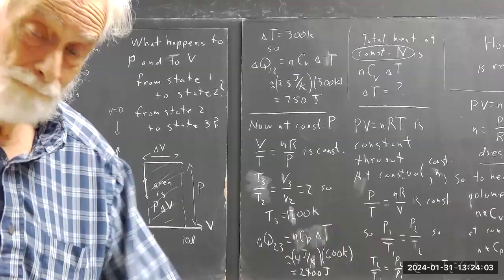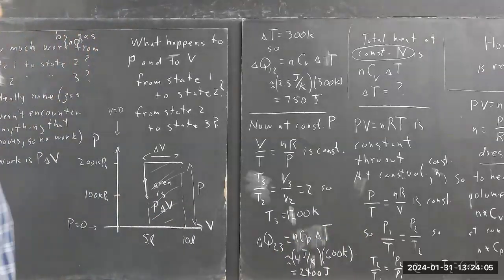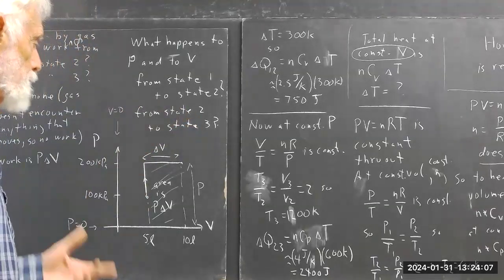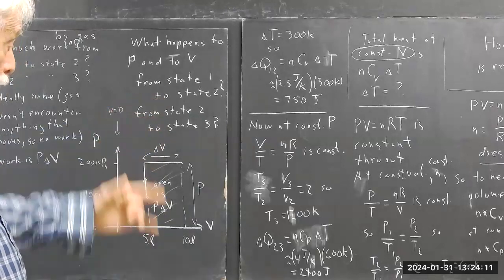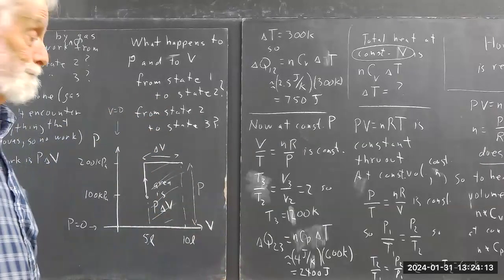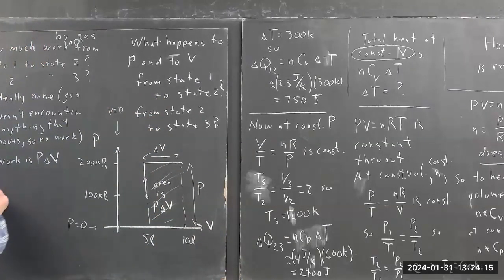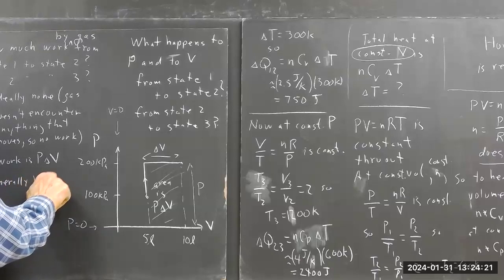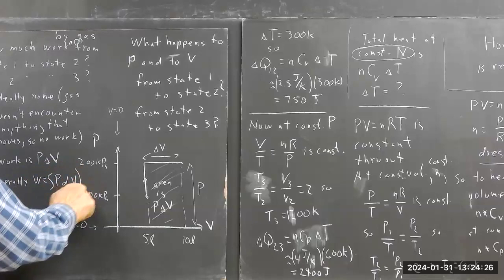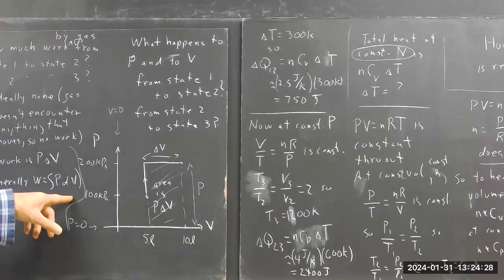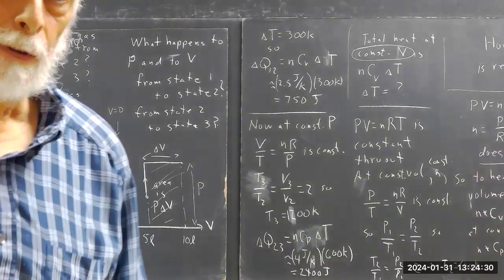And that works just fine, even if your pressure versus volume is a curve, because the area under the curve is just an integral. Generally, the work is the integral of the pressure with respect to volume.